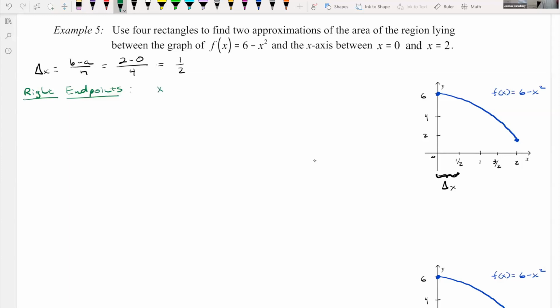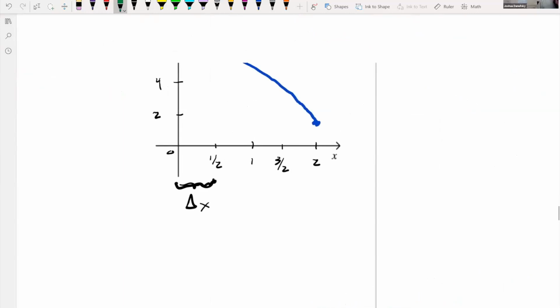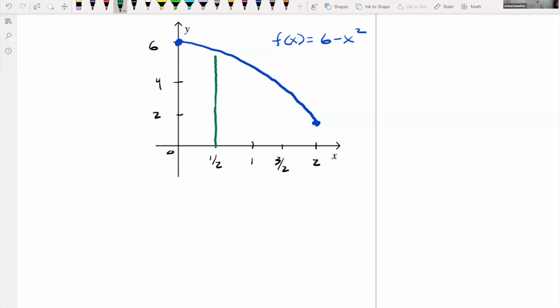So we have x's doing what? Well, let's take a look. If we look at our first rectangle, the right endpoint of our first interval is going to be at a half. We bring that straight up to our function, and there is our first rectangle. So what did we do? We got at this x value by starting at 0 and adding delta x once.